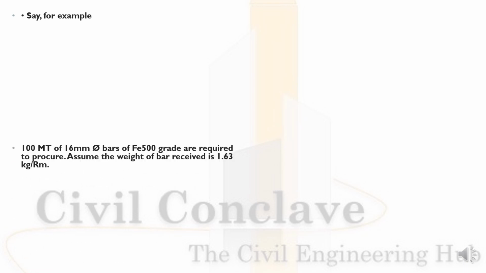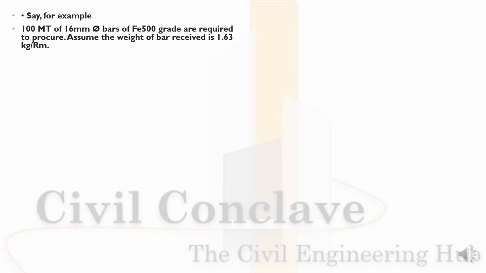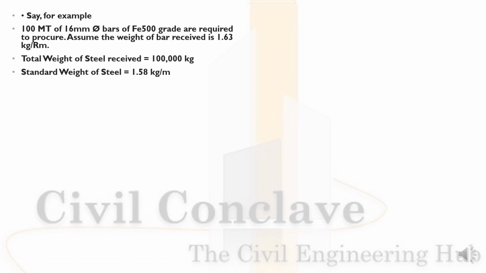Say for example, 100 MT of 16 mm bars of Fe 500 has to be procured. Assume the weight of the bar received is 1.63 kg per running meter. The total weight of the steel received is 100 tons. The standard weight of the steel is 1.58 kg per running meter.